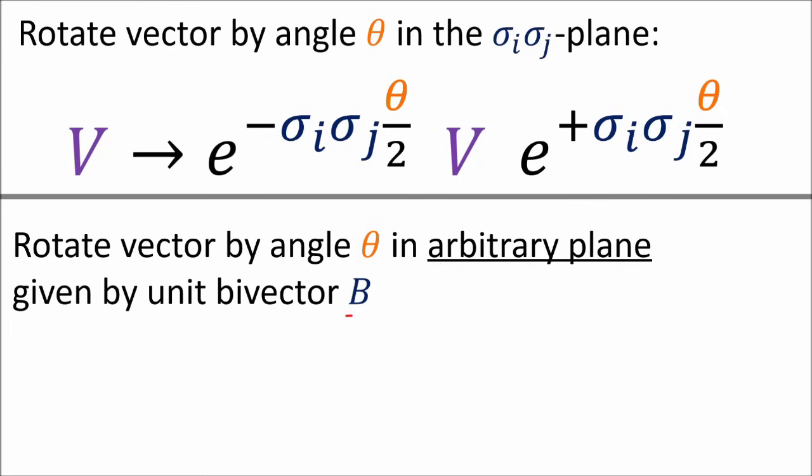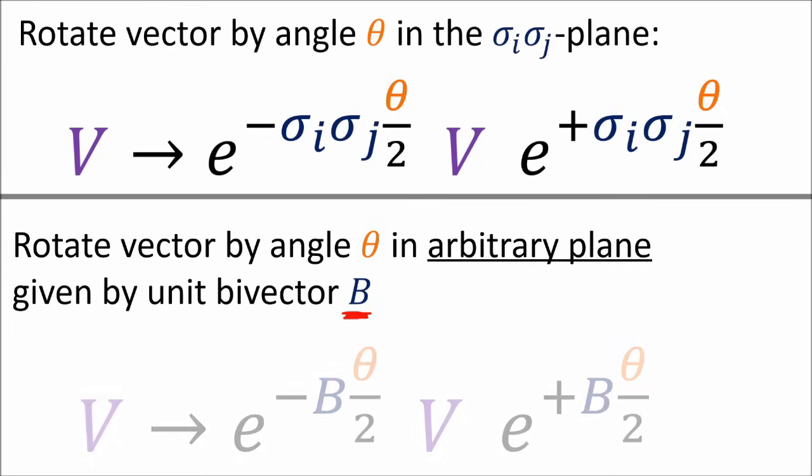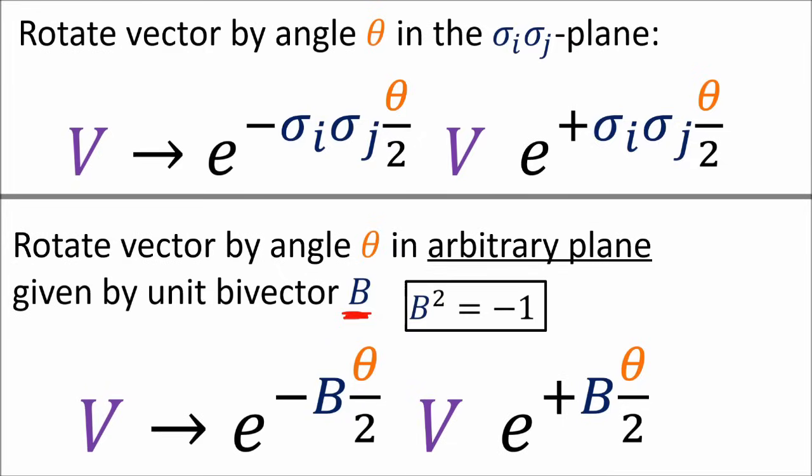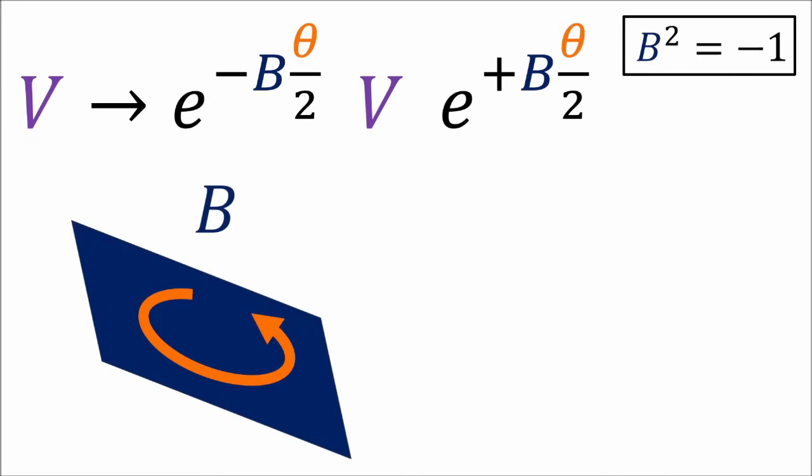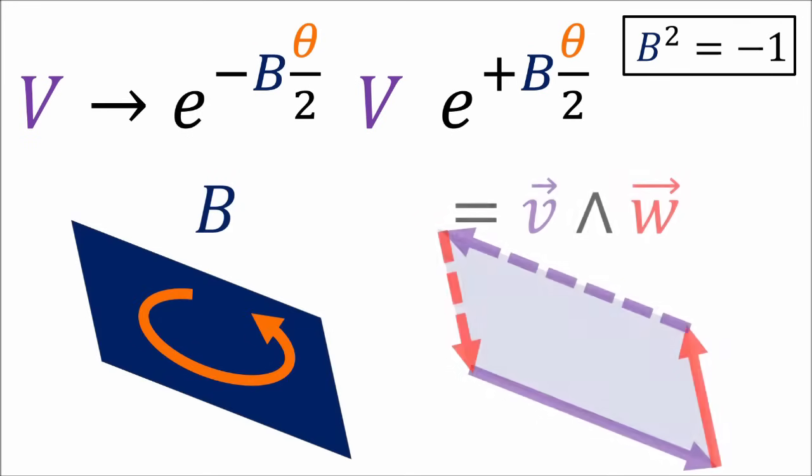More generally, the rotation formula can be performed with any general unit bivector b that squares to -1. Recall, a bivector represents an oriented plane, given by the wedge product of two vectors. The bivector's orientation in space gives the plane and direction of rotation.